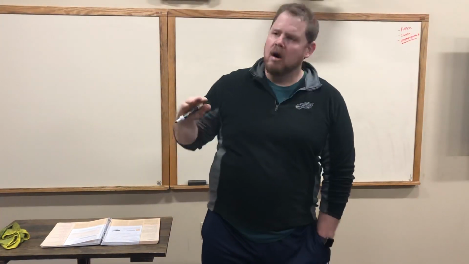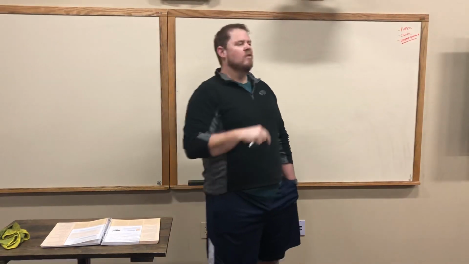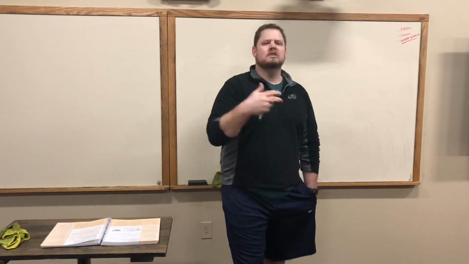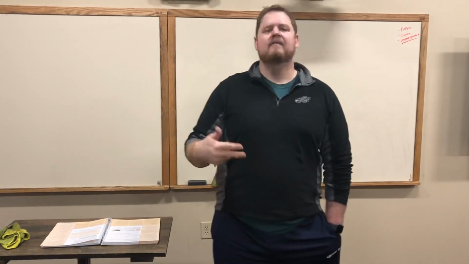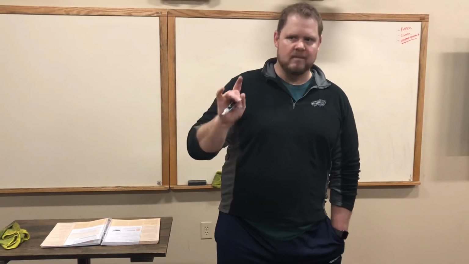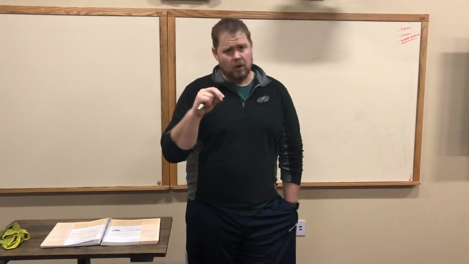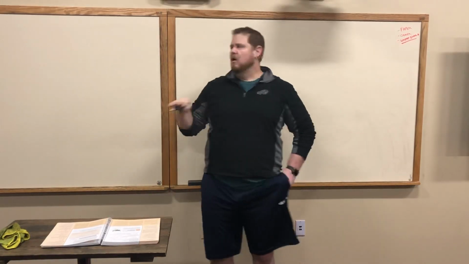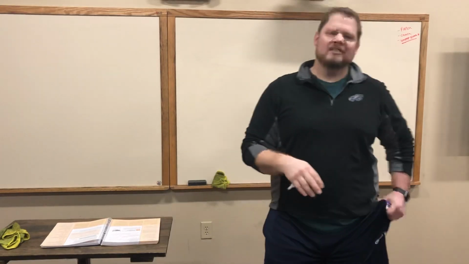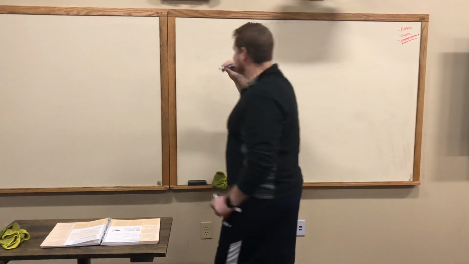So when we talk about similarity, the one thing we will always say is that the angles determine the shape of a triangle. Remember that. The angles determine the shape of a triangle. So when we talk about similarity, the most important thing to remember is that the angle is preserved, and that's going to stay the same.